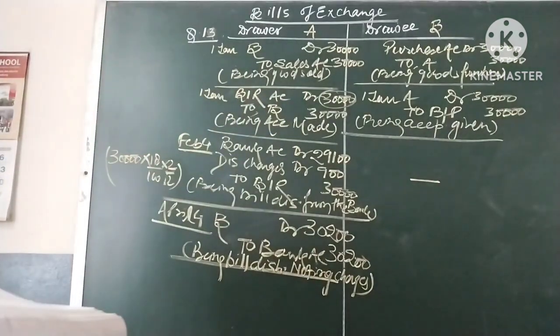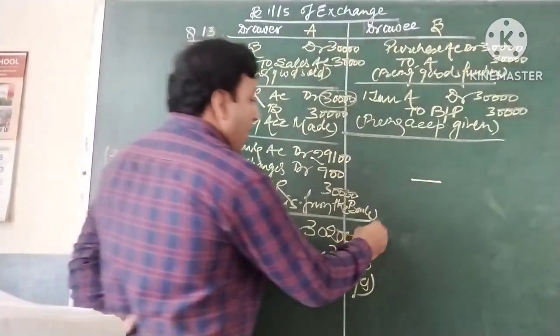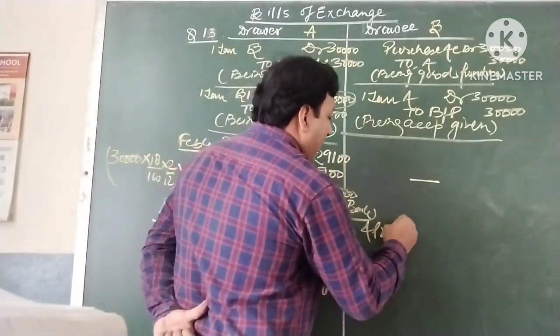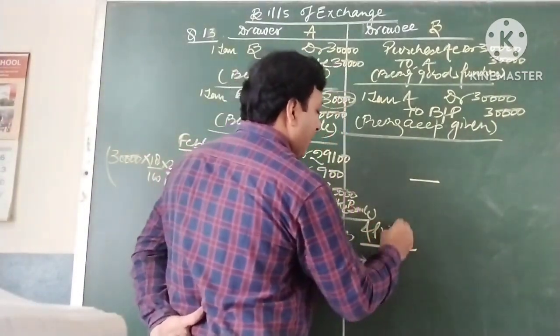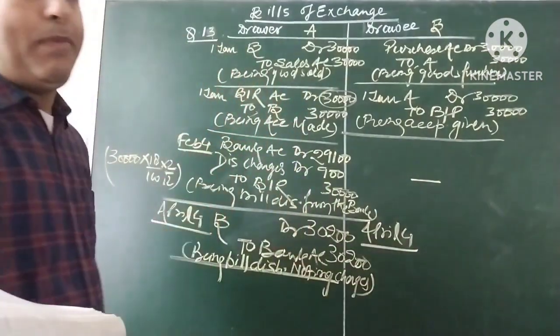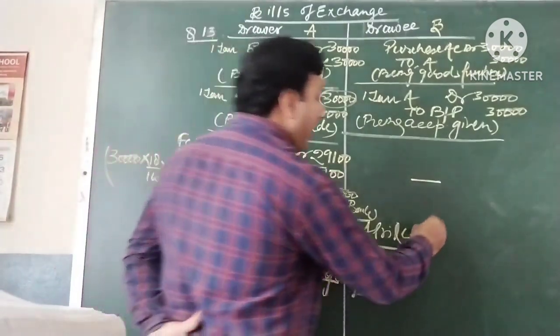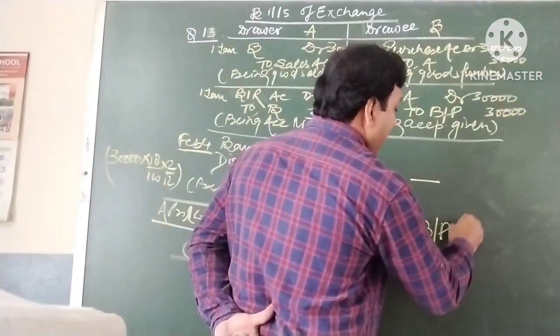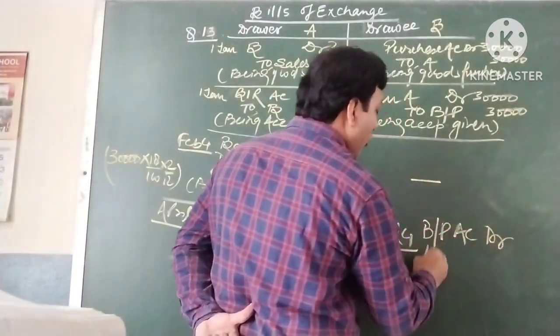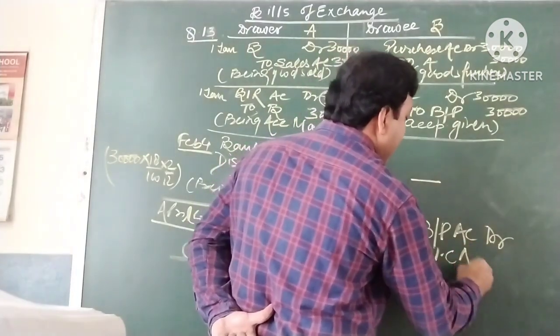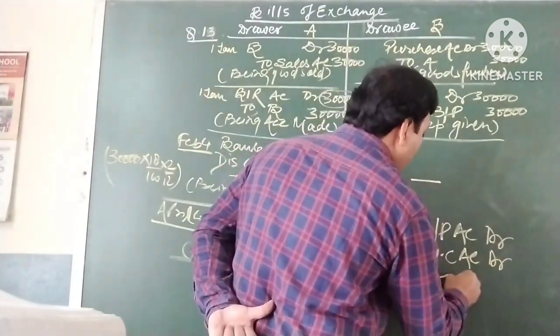Now see the next entry in the books of drawing. So in April 4, BP को कैंसिल कर रहा है ये. इट मीन्स BP डेबिट, future noting charges paid by the drawing, noting charges debit and to what?